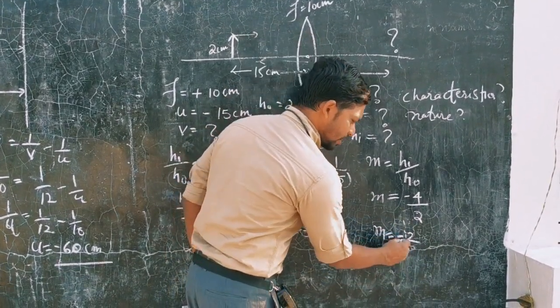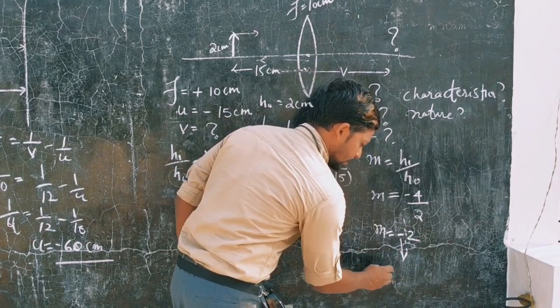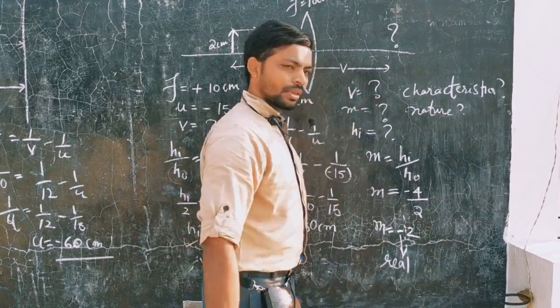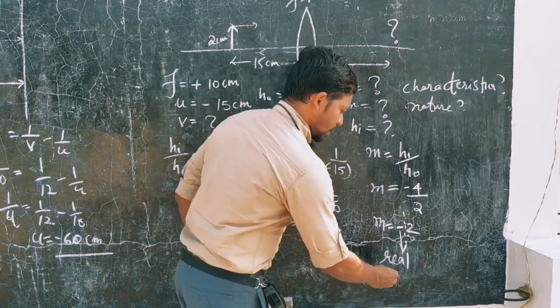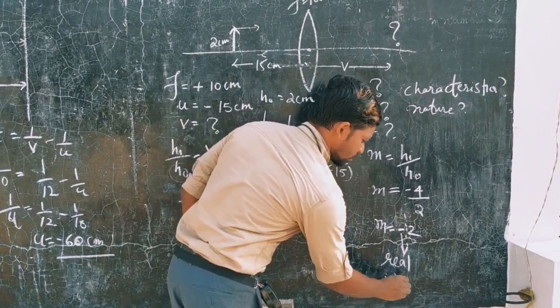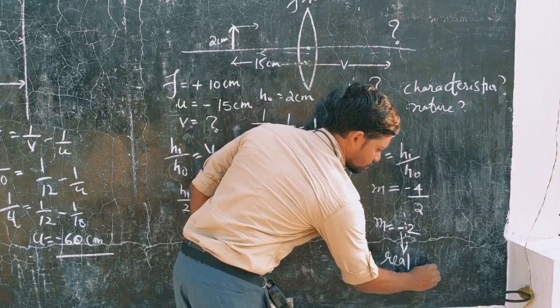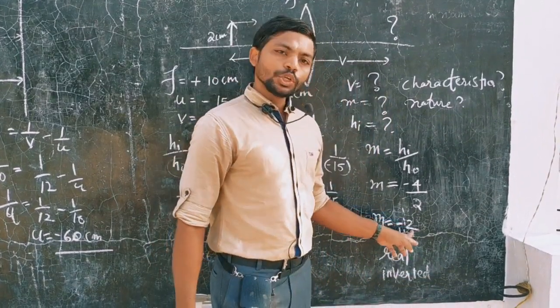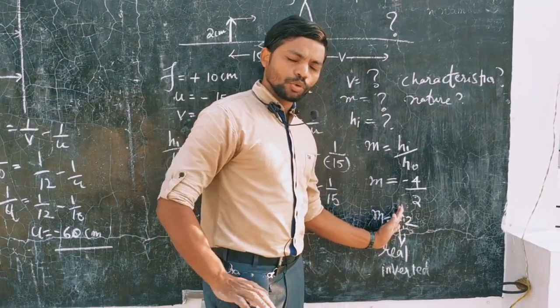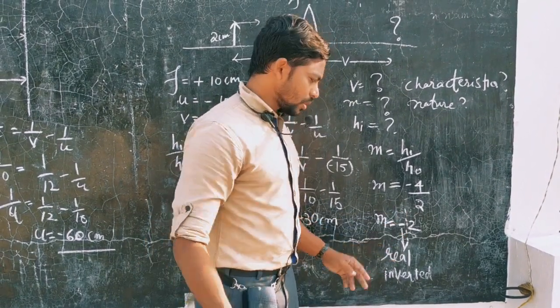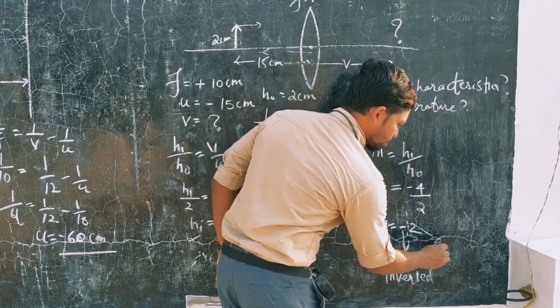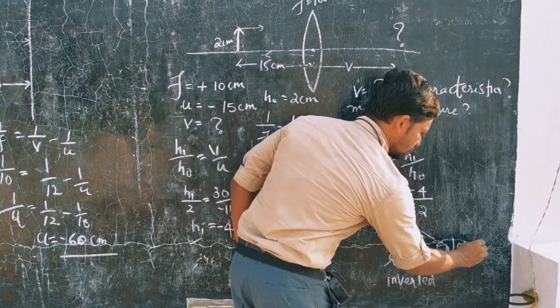Minus is indicating that it is real, plus will indicate virtual. So minus is indicating real, it means it is inverted also. And 2, now look at the number separately, don't include the sign. 2 is greater than 1. If it is greater than 1, it must be enlarged.